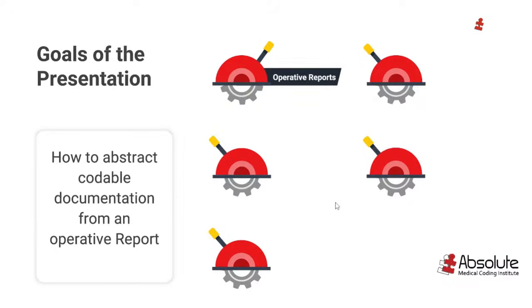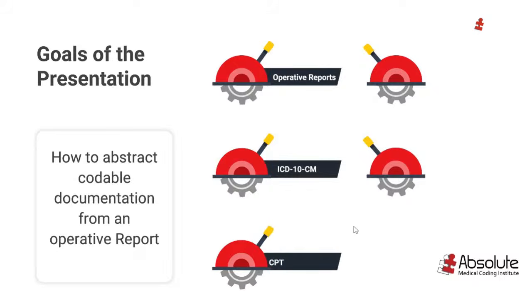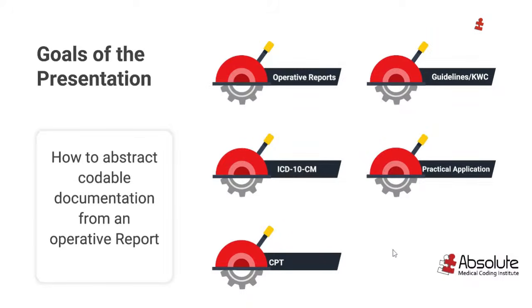We're going to review only operative reports. We are going to discuss ICD-10-CM coding, especially how to get that first listed code. We are going to discuss CPT coding, and we will delve into the guidelines. And we're going to integrate our keyword concept. And finally, we're going to give you some practical application.